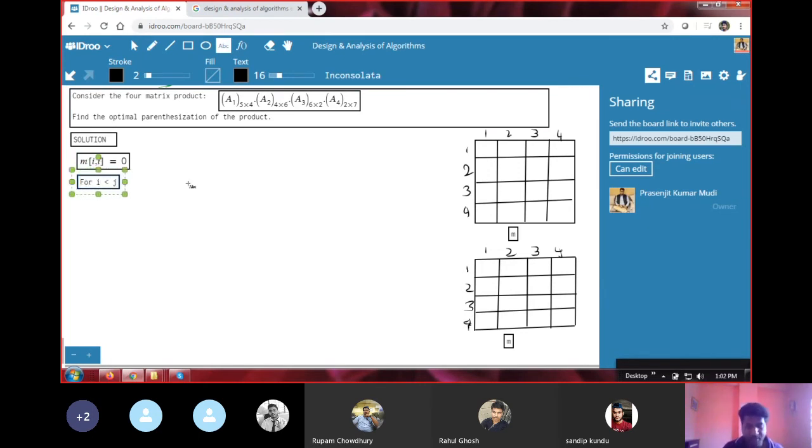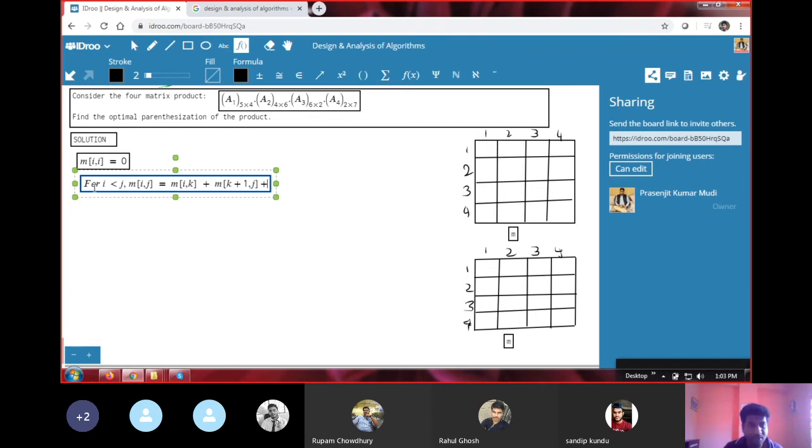Now for i less than j, we have m[i, j] equal to m[i, k] plus m[k plus 1, j] plus p[i minus 1] times p[k] times p[j].